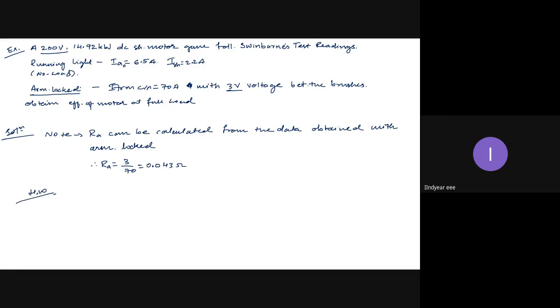I know IA naught, I know ISH. The full load value you have to calculate, right? So the full load current is unknown. Again, we have to calculate IA in the form of the previous case only. We will get a quadratic equation in terms of IA, where you have to find out IA.